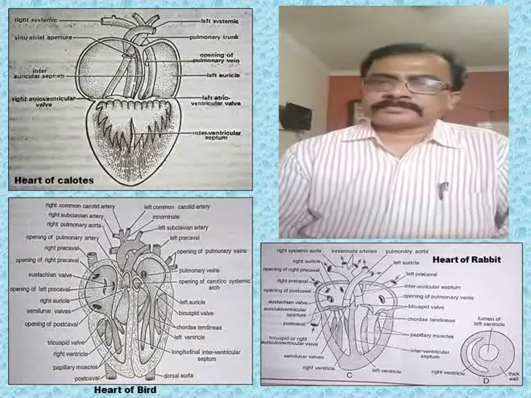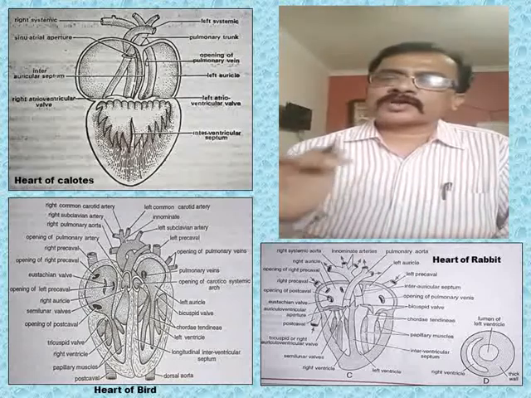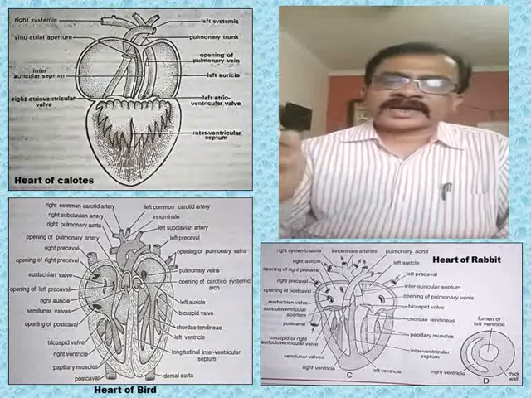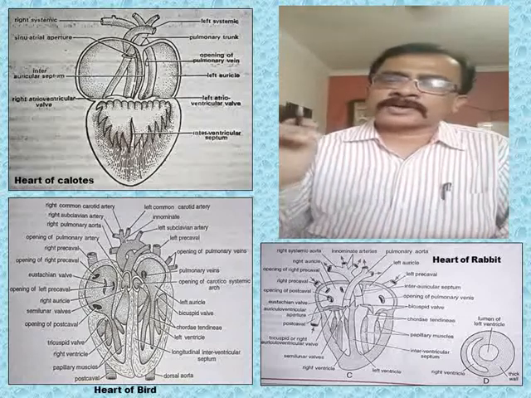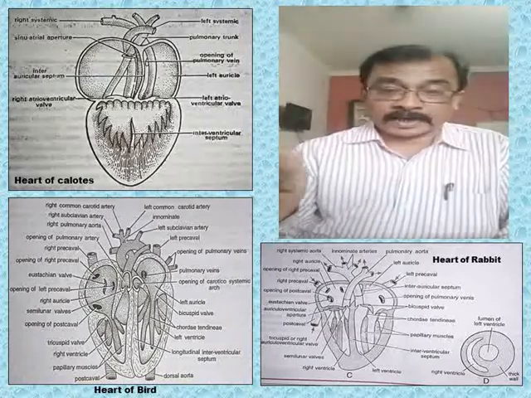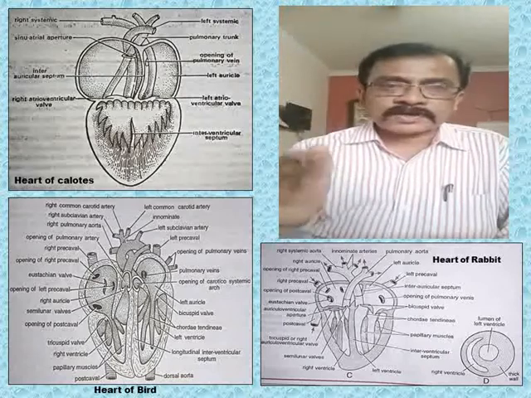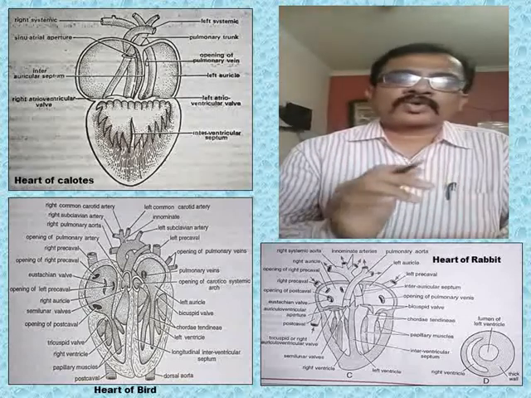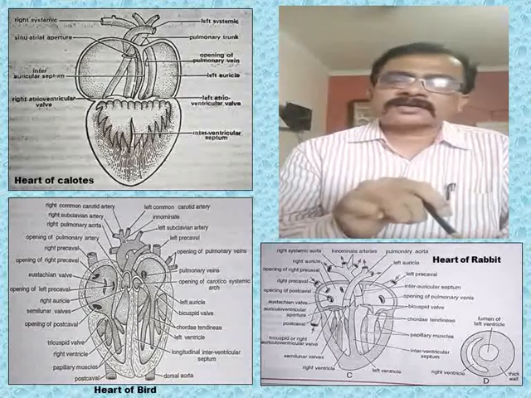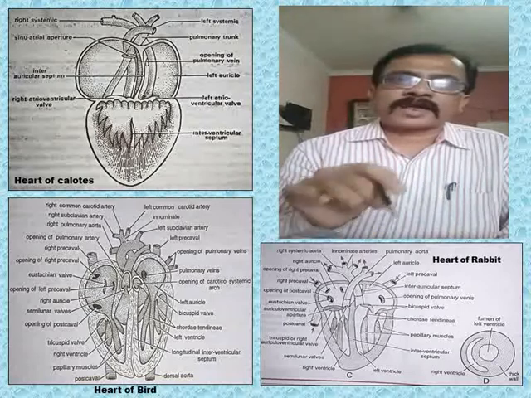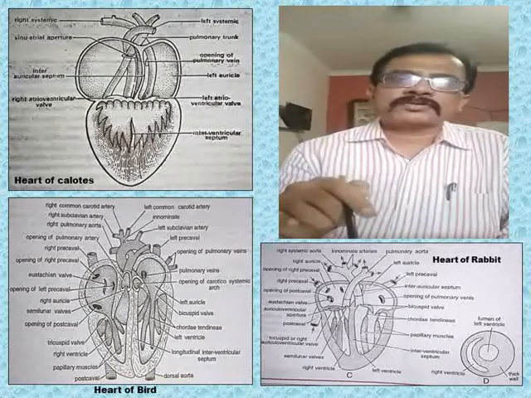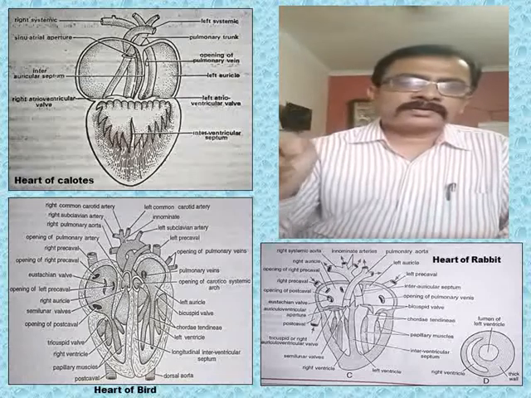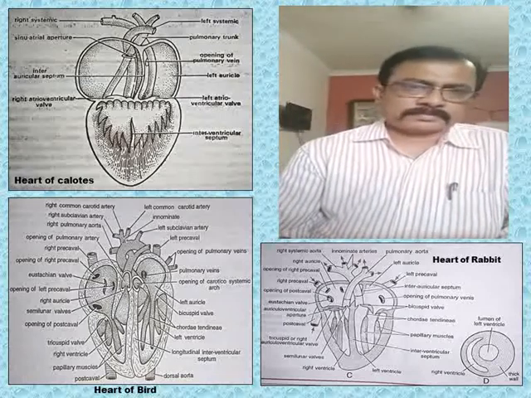And in rabbit, right and left auricle open into the respective ventricle by separate right and left auriculoventricular apertures, which are guarded by bicuspid and tricuspid valves. Semilunar flap like valve in lizard, membranous flap like valve in pigeon, tricuspid and bicuspid valves in rabbit, that is in mammal.